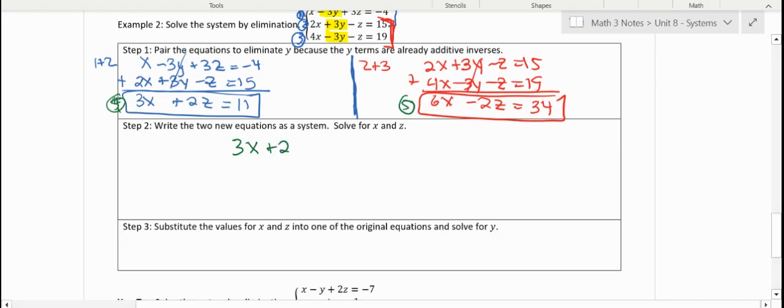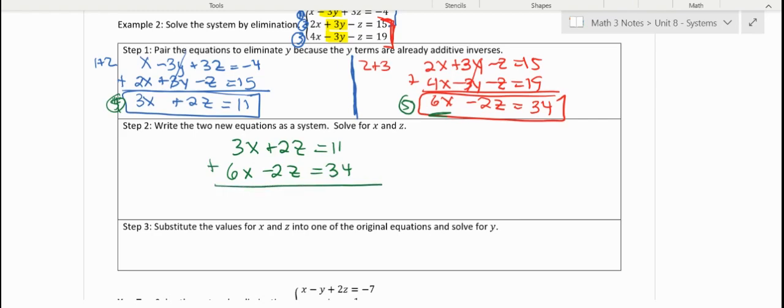So I have 3x plus 2z is 11. I have 6x minus 2z is 34. I already have a pair of opposites in there, so I'm going to do the same thing. I add it straight down. 9x is equal to 45. And then if I divide, I'm going to get 5 for x.